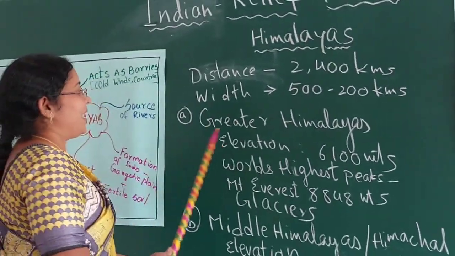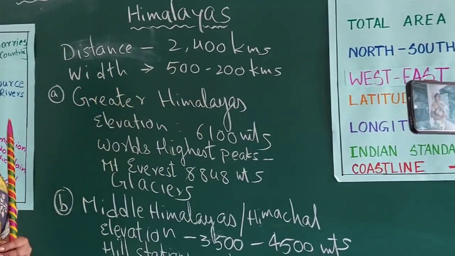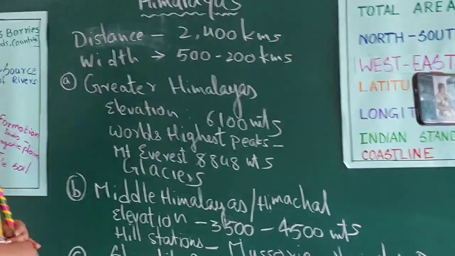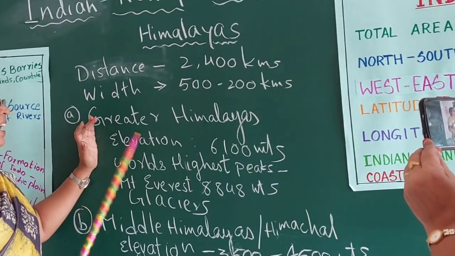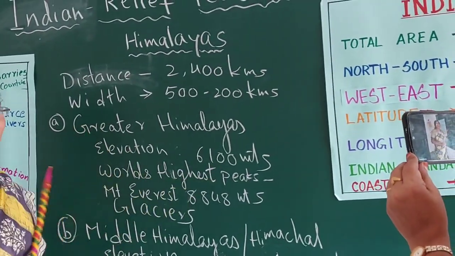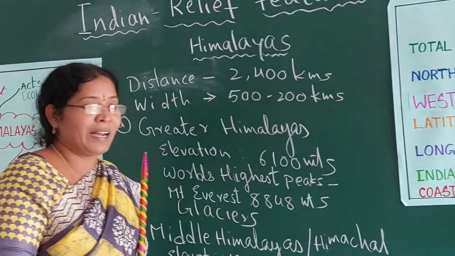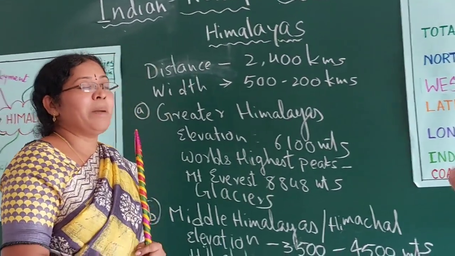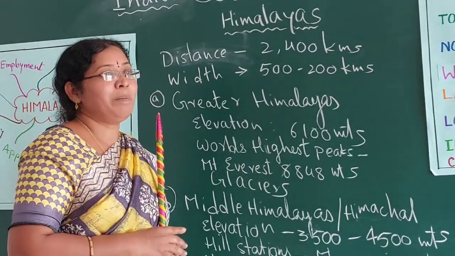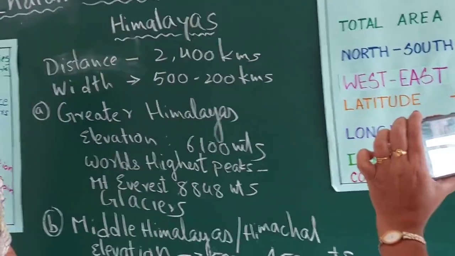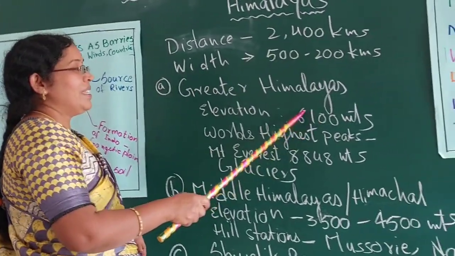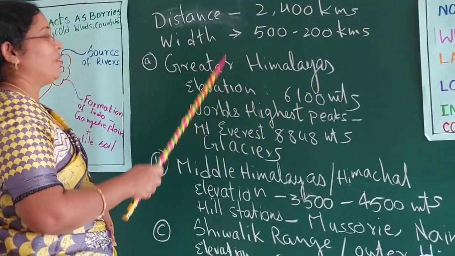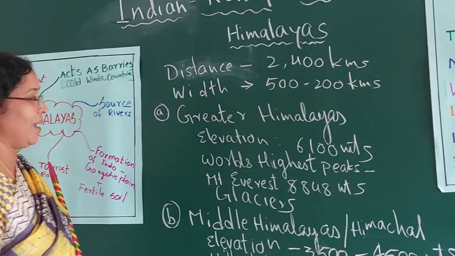The first division is known as the Greater Himalayas. In the first division, the height, or we call it the elevation, is 6,100 meters. How have we measured 6,100 meters? By taking the sea as the basis. Sea level is taken as the basis, and from there we have taken 6,100 meters as the total height of the Greater Himalayas.